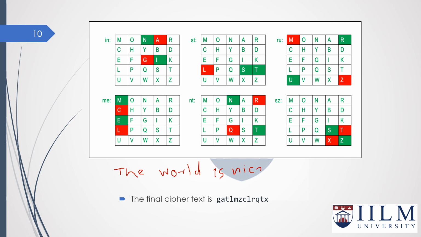This is your plain text, and you need to implement the Playfair cipher, and the keyword is, as before, monarchy.